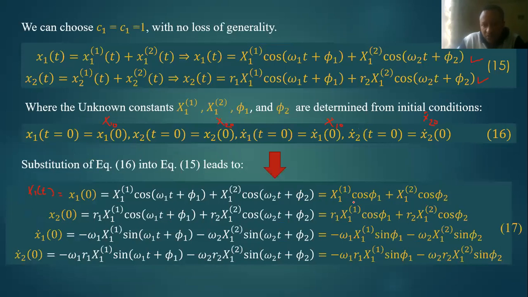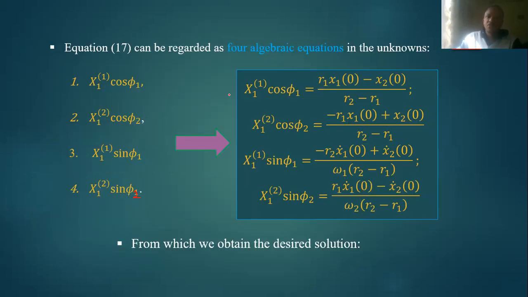From where we can obtain these 4 equations. Here we have another equation, and here we have another equation. Here are some sine equations. So this is the combination of those equations.